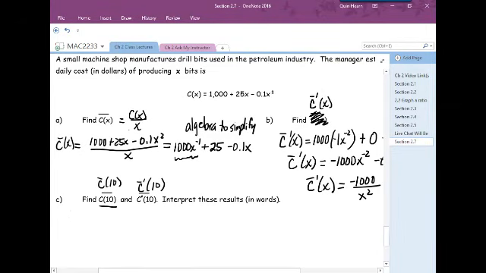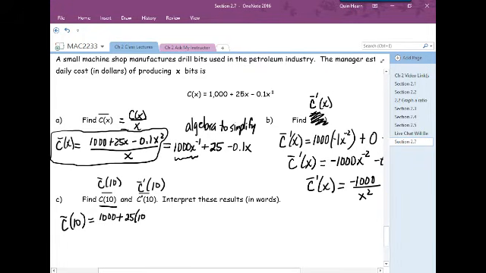I'm going to plug into the original version here. Doesn't really matter which one, I just like that one. So C bar of 10 will be 1,000 plus 25 times 10 minus 0.1 times 10 squared, all divided by 10.